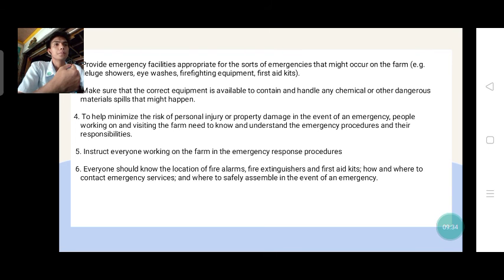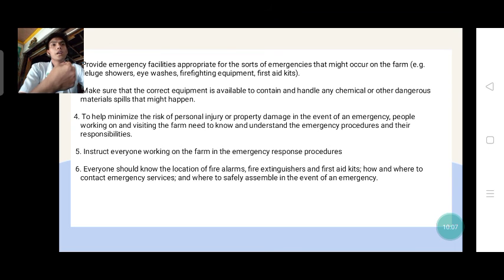For number 2, provide emergency facilities appropriate for the sort of emergencies that might occur on the farm. And for number 3, make sure that the correct equipment is available to contain and handle any chemical or other dangerous materials spills that might happen.